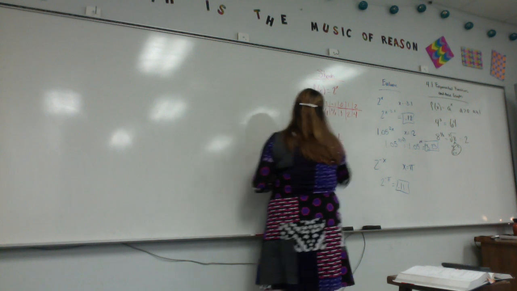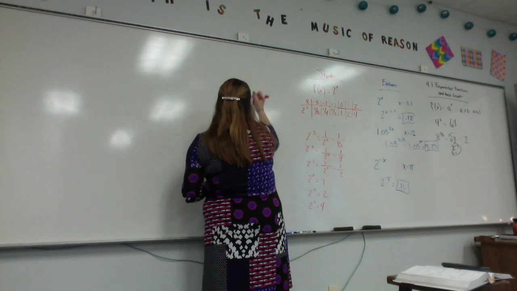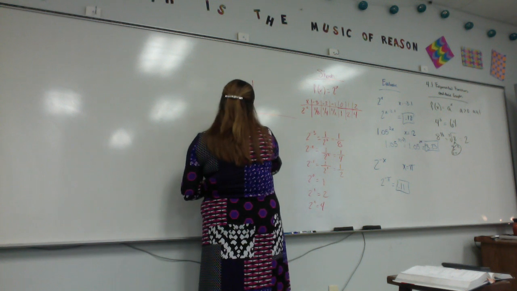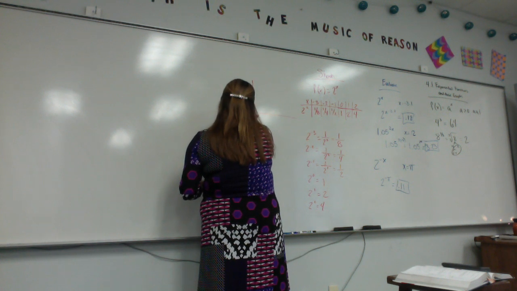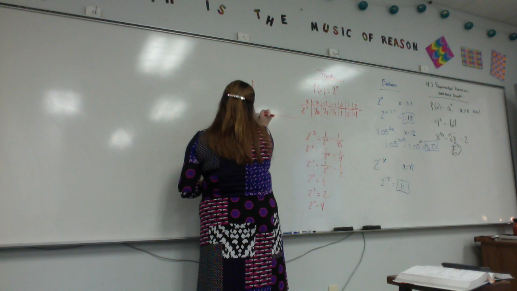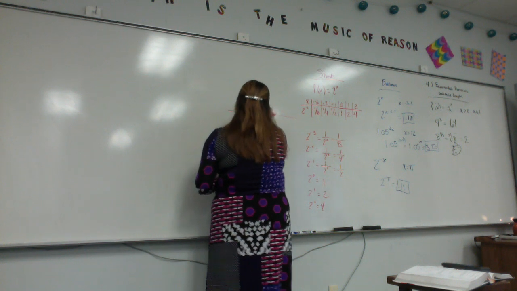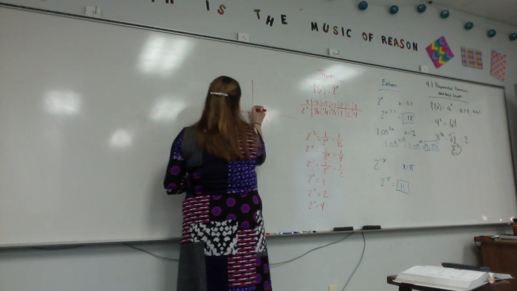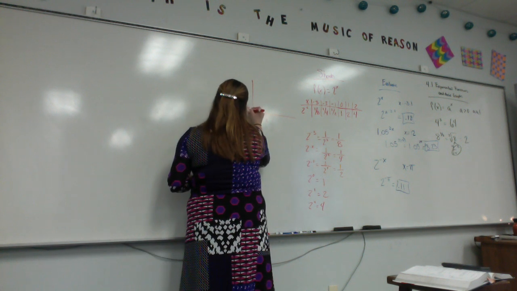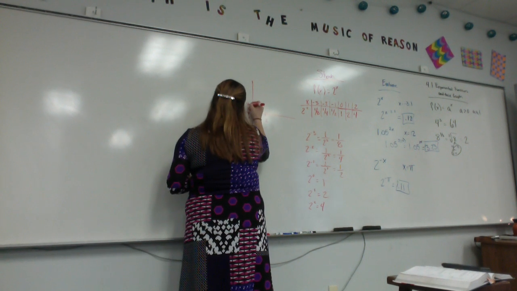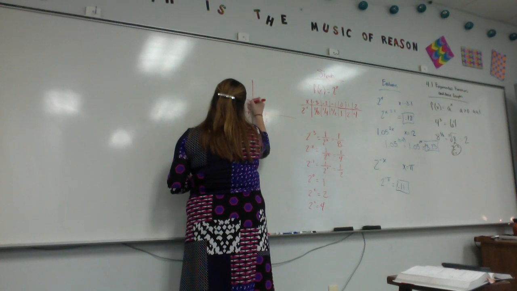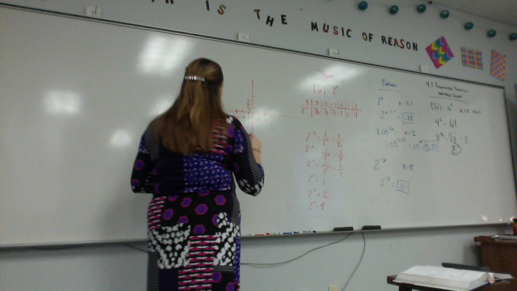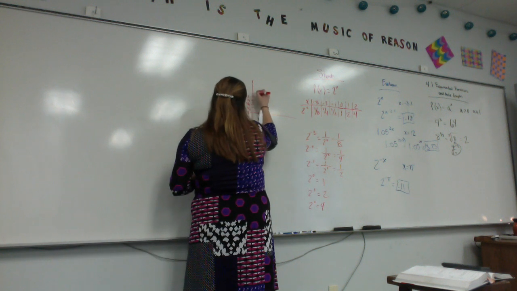I will graph that, okay? Because when it says sketch, then I need to make a graph of it. Negative 3, 2, 1, 0, 1, 2. And since these are fractions, I'm actually going to start with an eighth and go 1/4, half, and then whole 1.